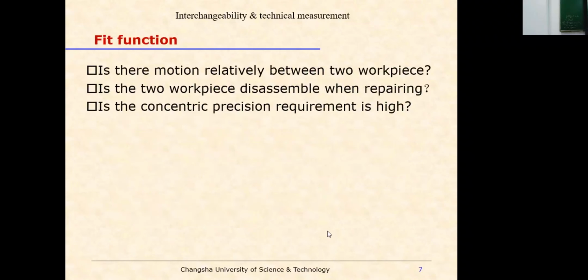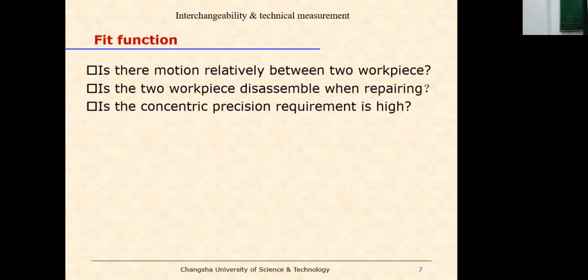The fit function is the relative motion between two workpieces. If the shaft and the hole need to move or rotate very quickly, we can choose the clearance fit.